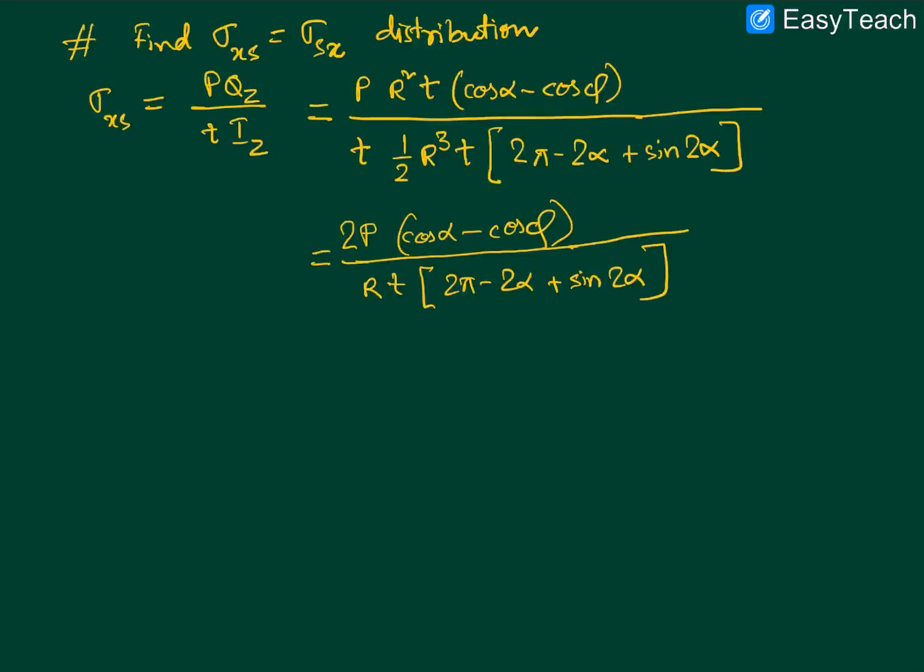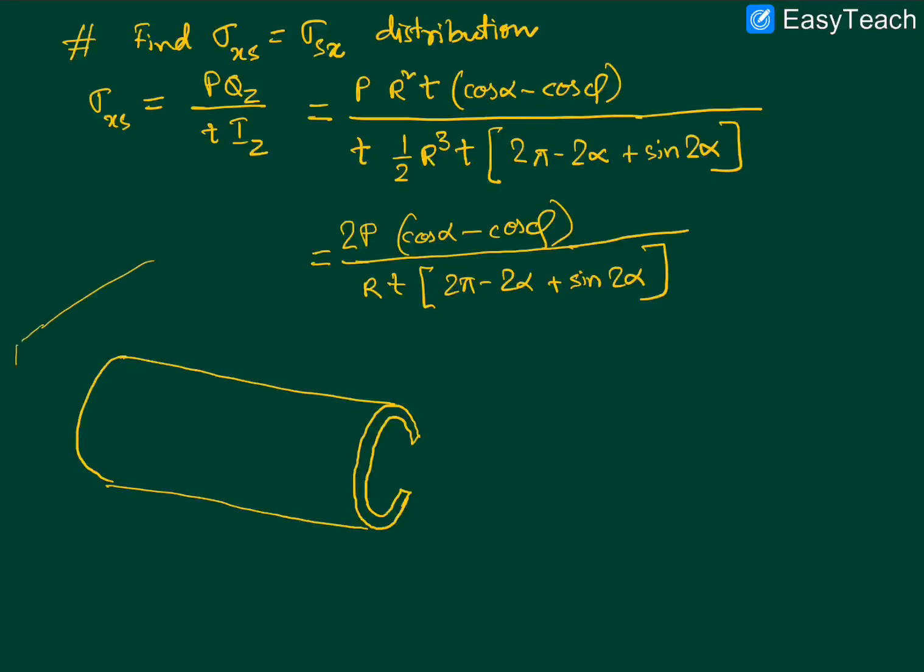So let's actually draw the beam. So let's say we have the beam here, and today we are considering a circular cross section, an open-ended thin-walled circular cross section, and let's say that this beam is fixed to a wall like this, and let's say that we have applied some kind of a transverse load here.